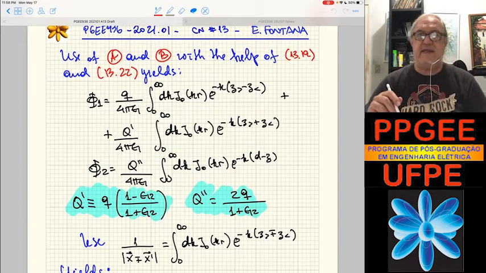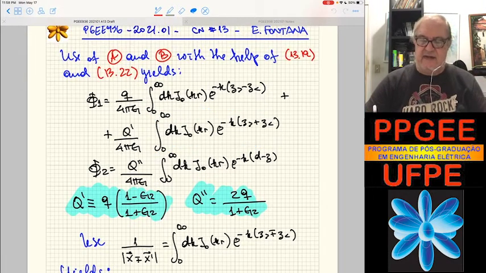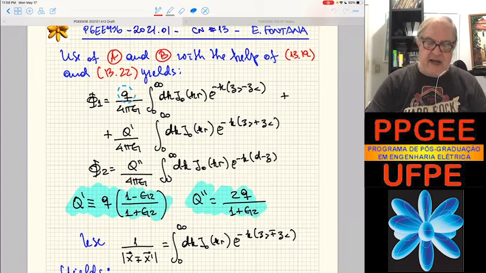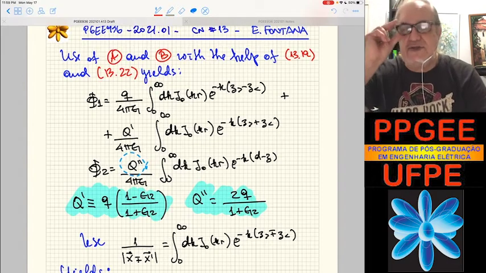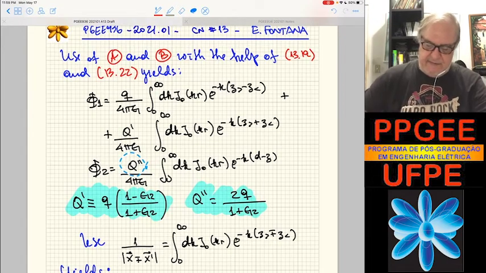So the potential in the upper hemisphere has two inverse functions arising, and the potential in the lower hemisphere has one inverse function, and those inverse functions are determined by the charge and by those q prime and q2 prime fictitious charges that we call the image charges for this problem here.